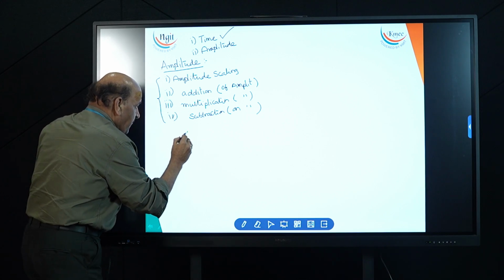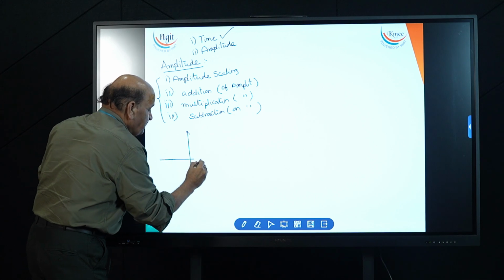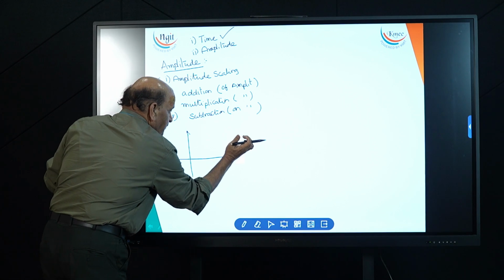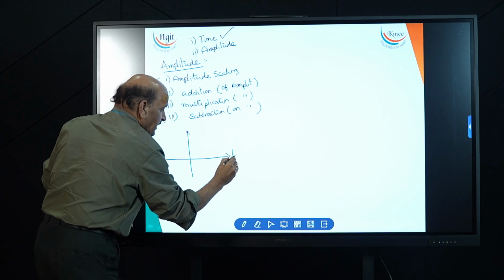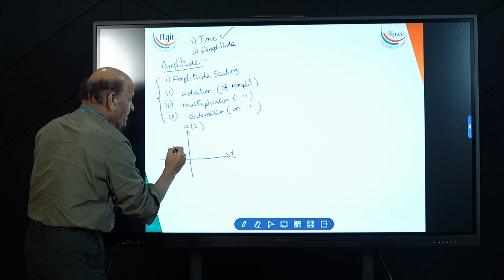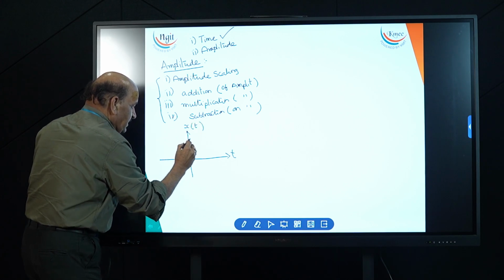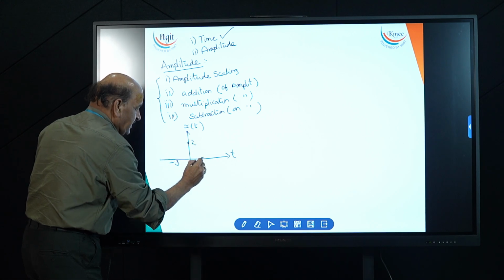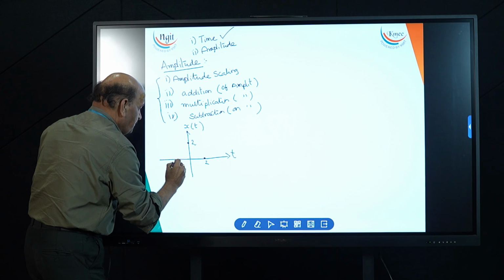Let us consider a continuous time signal, a sketch of a continuous time signal. For example, the amplitude is equal to 2, and it spans from -3 to 2.